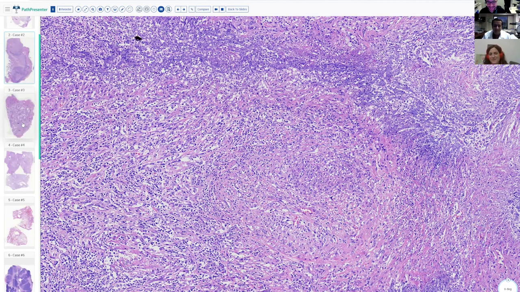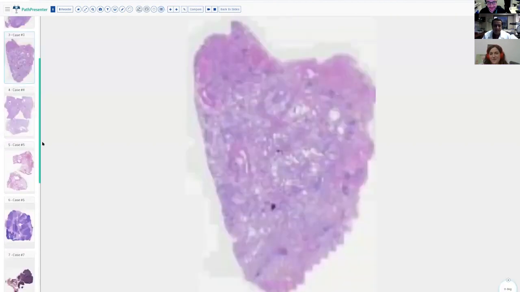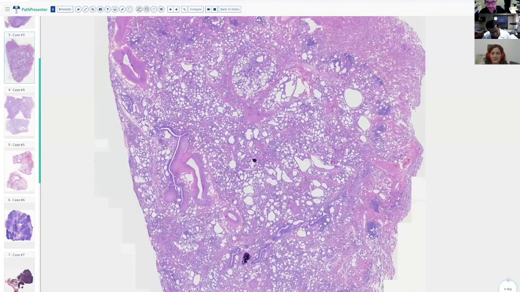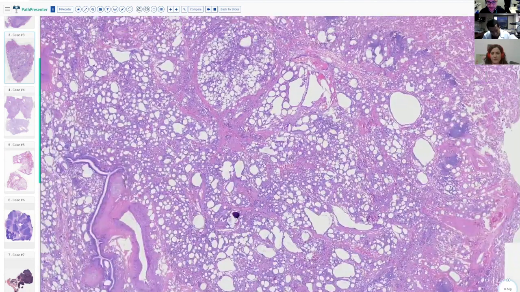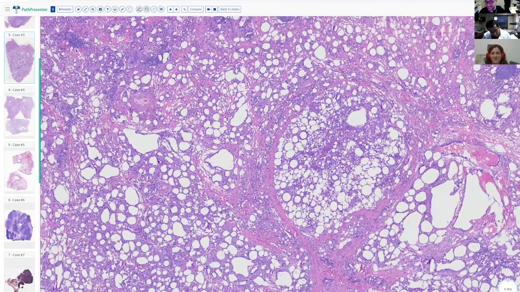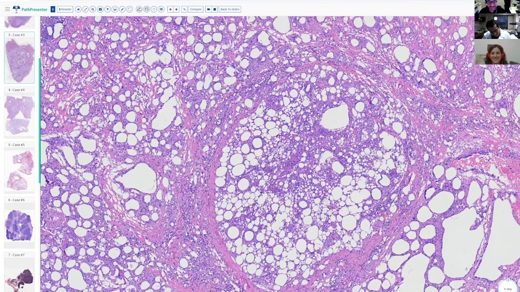But yeah, great. Okay. So moving on to the next case here. We have another surgical wedge biopsy. And we're going to say this one's from a middle-aged man who has an interesting occupation. We'll leave it at that.